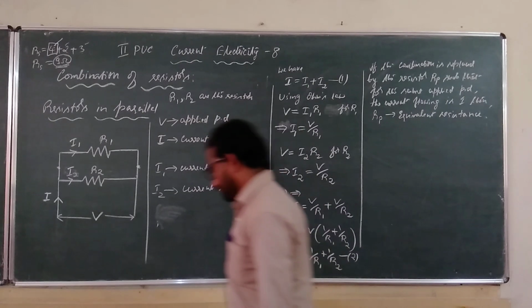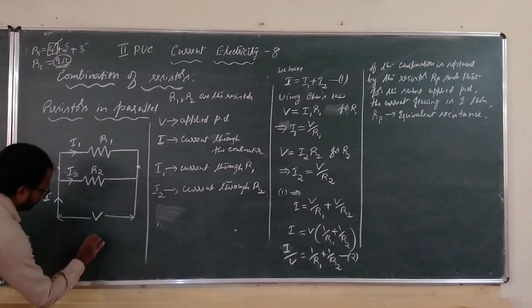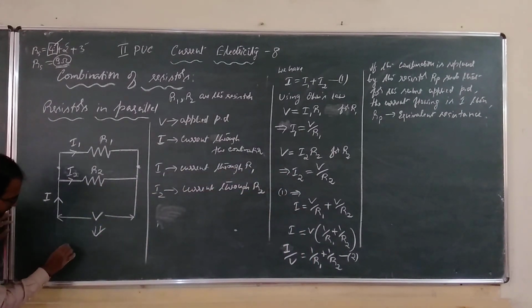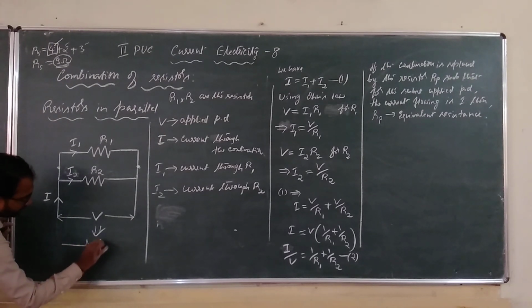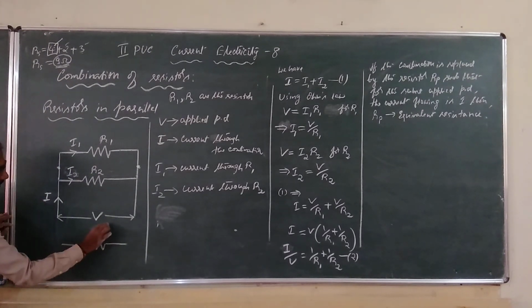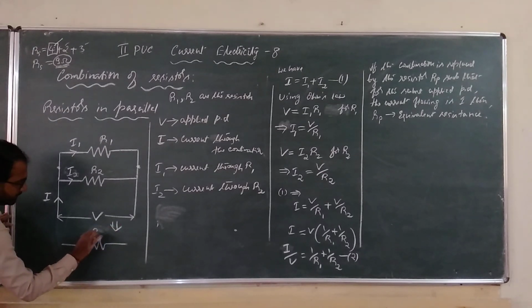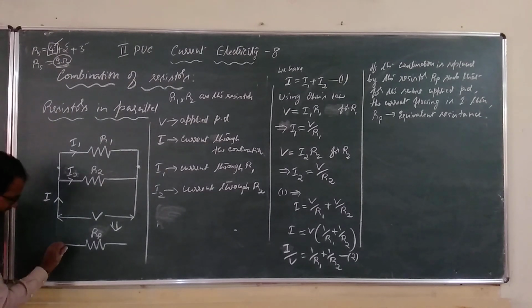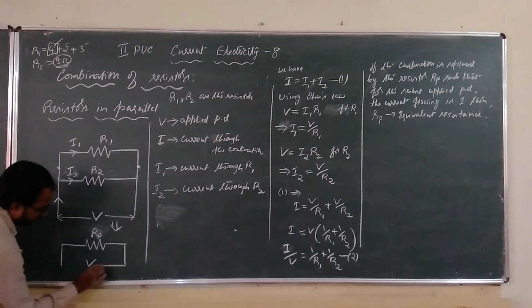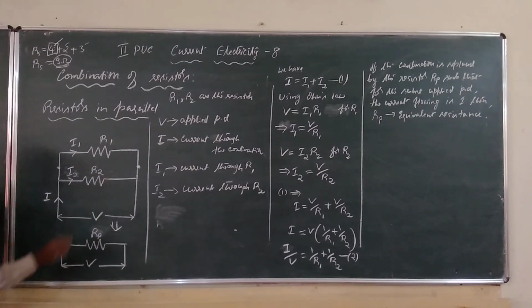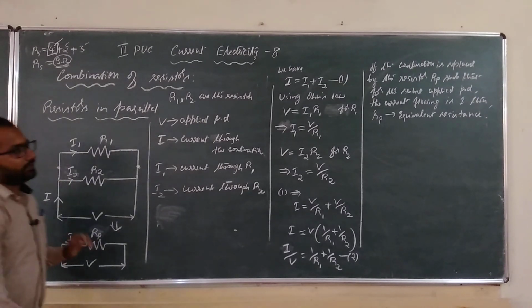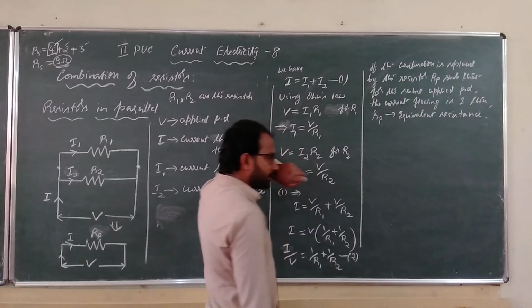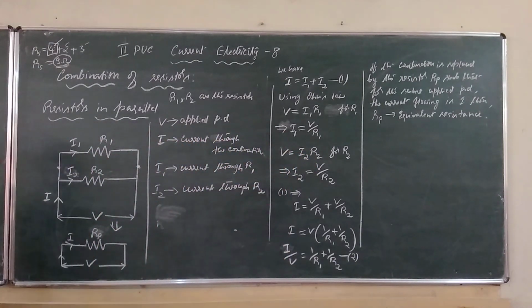Okay, so if the combination is replaced by some other resistor of resistance Rp such that under the applied potential difference V, the current flowing through it is I only, then Rp is called equivalent resistance of the combination.